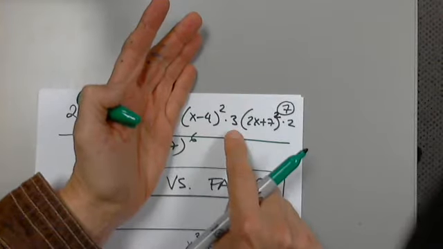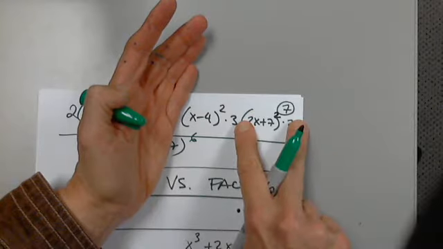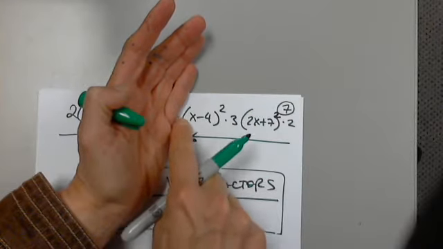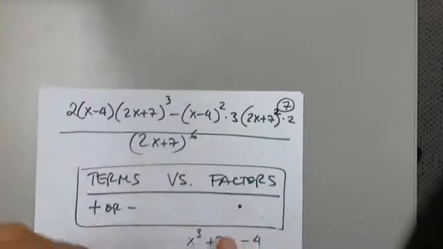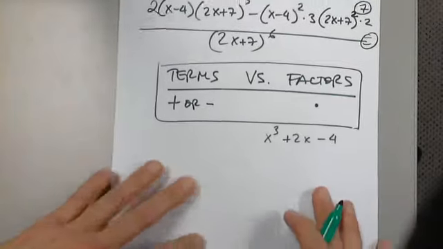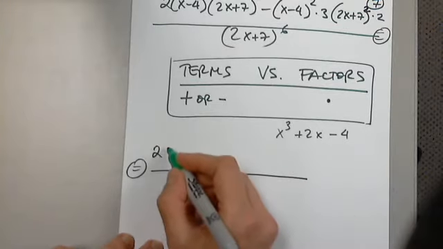I don't like a factor of 3 inside. I don't like a factor of 2 outside. I'm going to multiply these 2 and put it in front. What do I multiply? What do I get? And I'm going to put it in front. Correct. So I copy the first term.